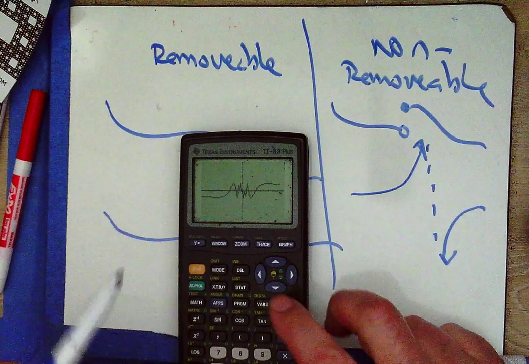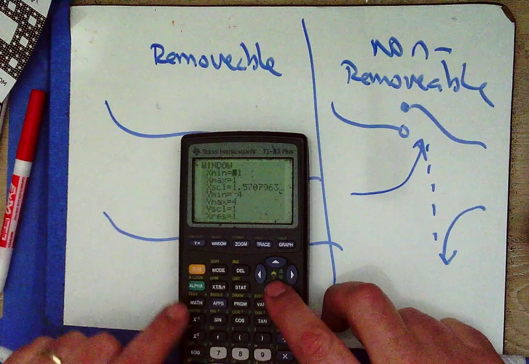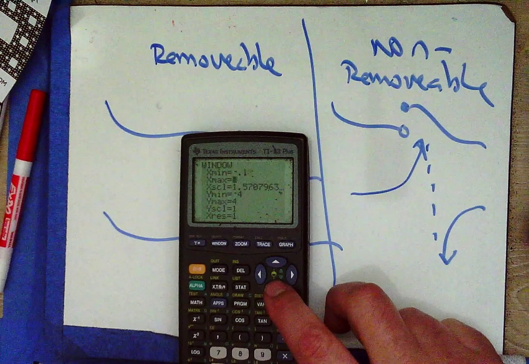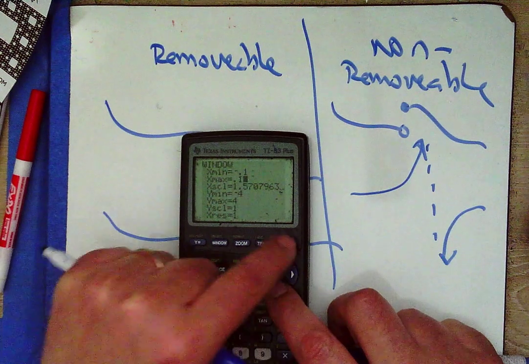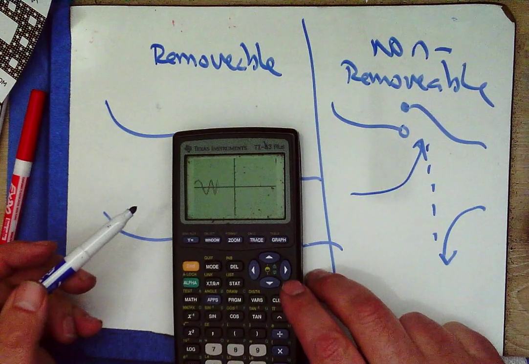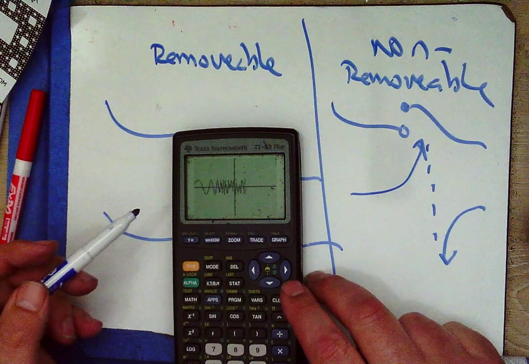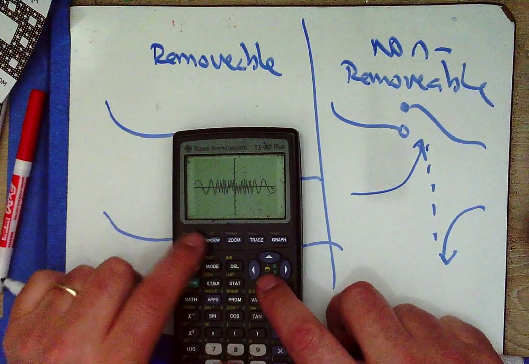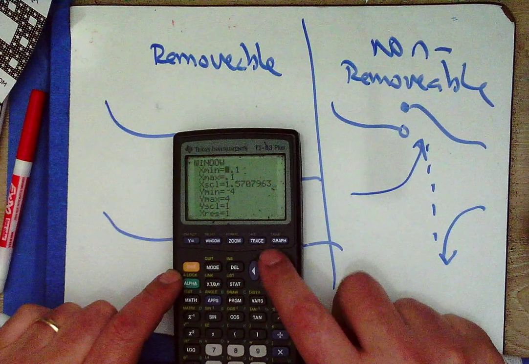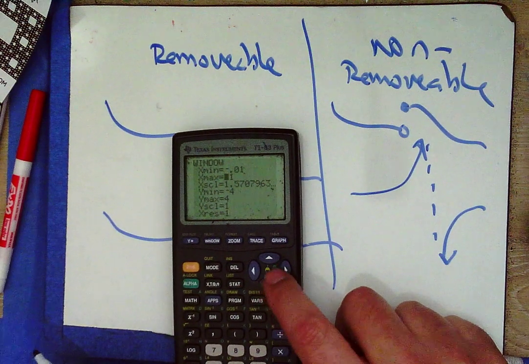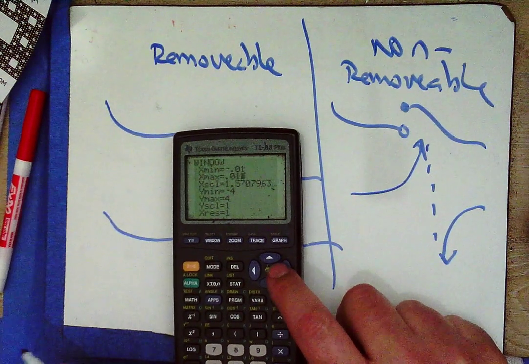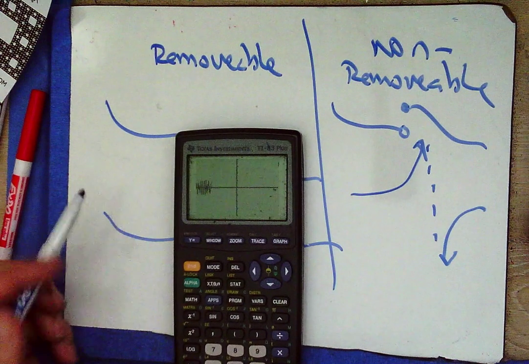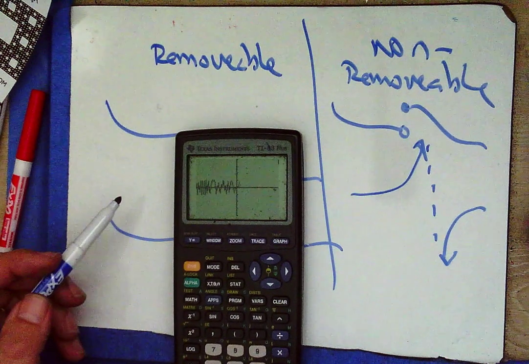Huh, what's happening there? Let's get even closer. Let's go -0.1 to 0.1. See that? Is it scaring you yet? Quick, let's do -0.01 to +0.01. Oh my goodness.